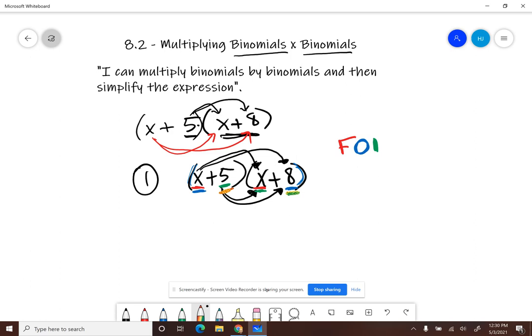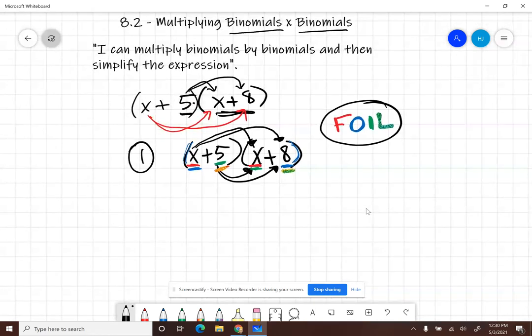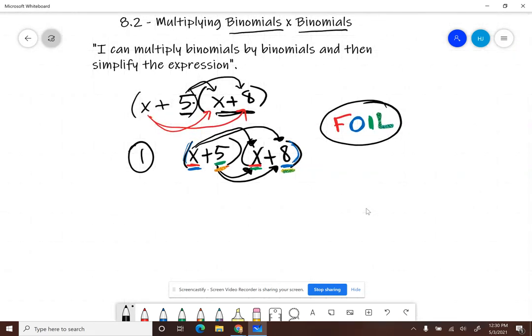So again, if the red ones were the first terms, then these would have to be considered the last terms, and that's a wild looking color. But what I want you to see is what we call this process is actually FOIL, okay? So think of aluminum foil, if that helps you to remember that. But that's actually the process that we're going to be using. Again, it's just a fancy name for the distributive property.